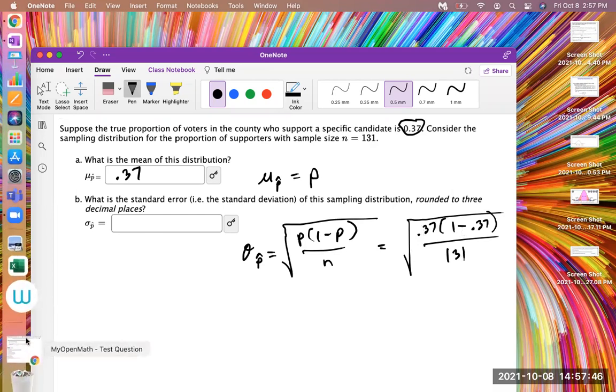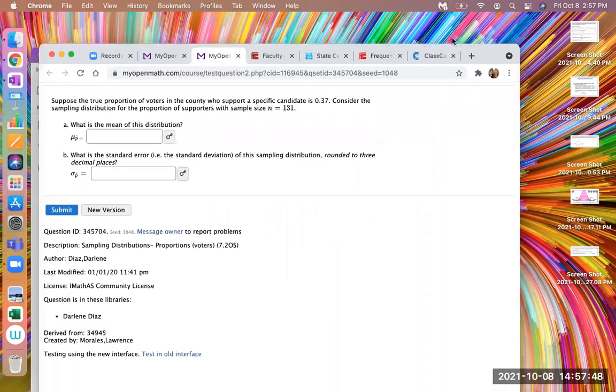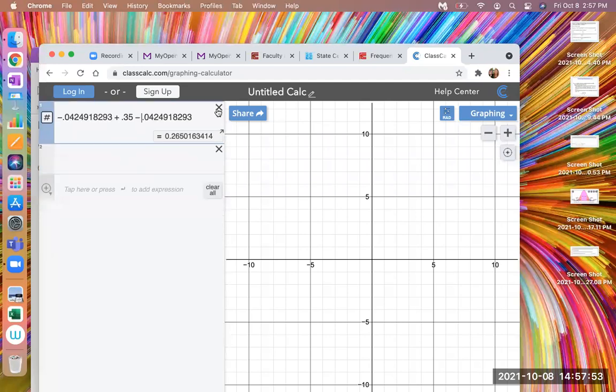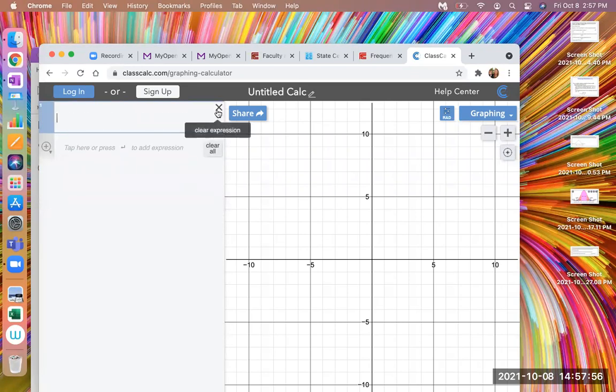So I go to my calculator. When you're using the CAS calculator, you can type in SQRT, which is shorthand for square root. That's the fastest, easiest way to get a square root symbol.